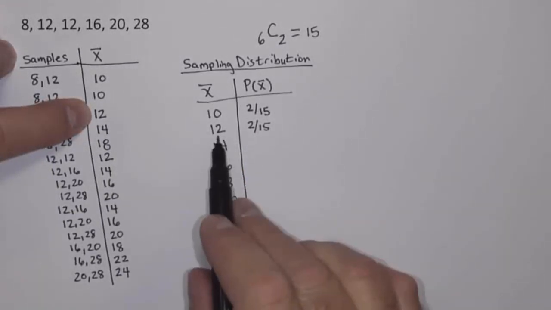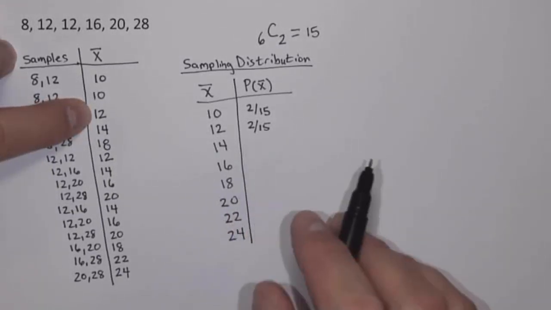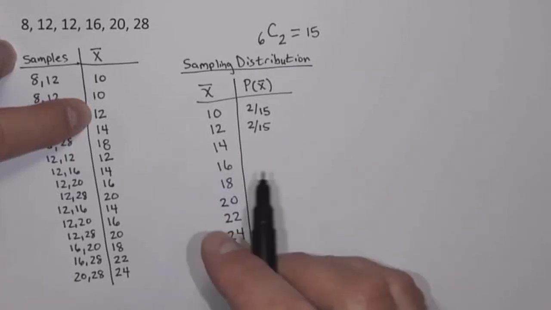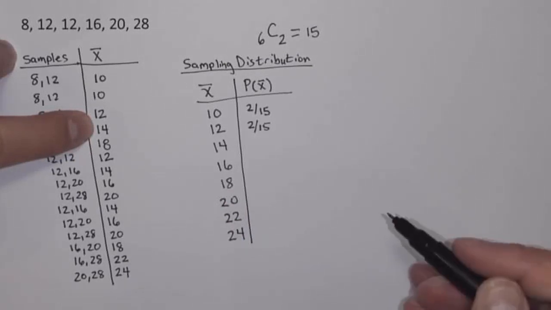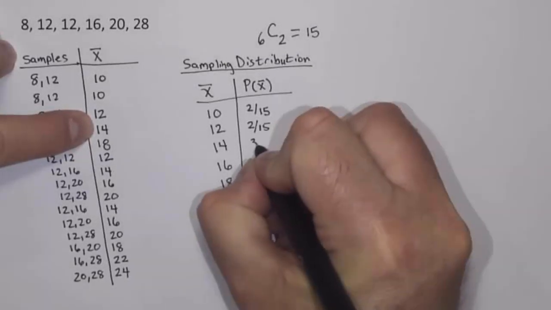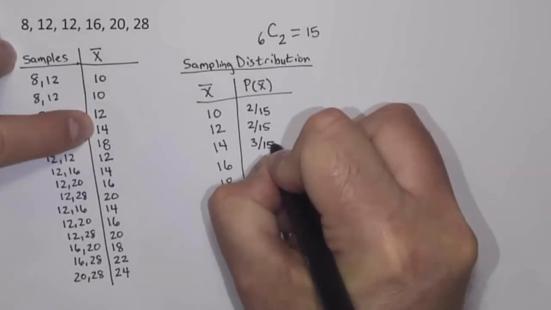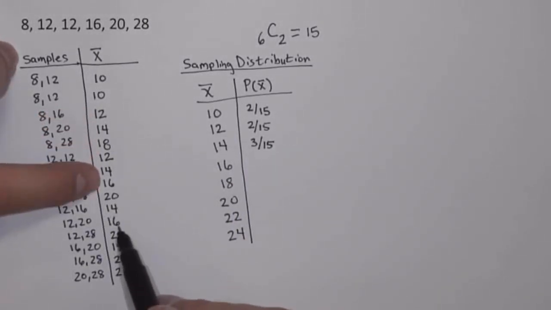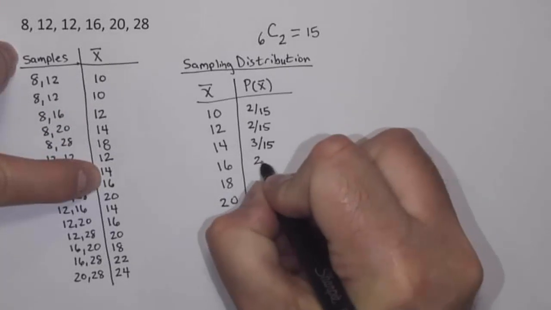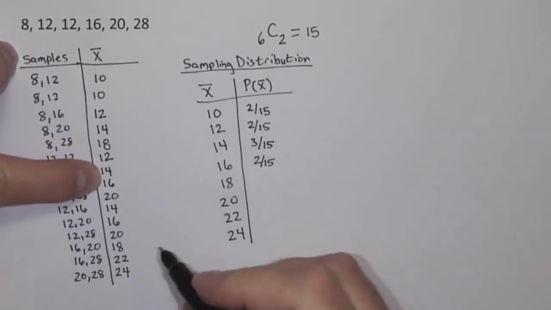So the probability of getting an X bar of 12 is also 2 out of 15. Now 14. There's 1, 2, 3 different ways that we got a mean of 14. So the probability of getting X bar equals 14 is 3 out of 15. 16, there's 2 different ways. So the probability is 2 out of 15.